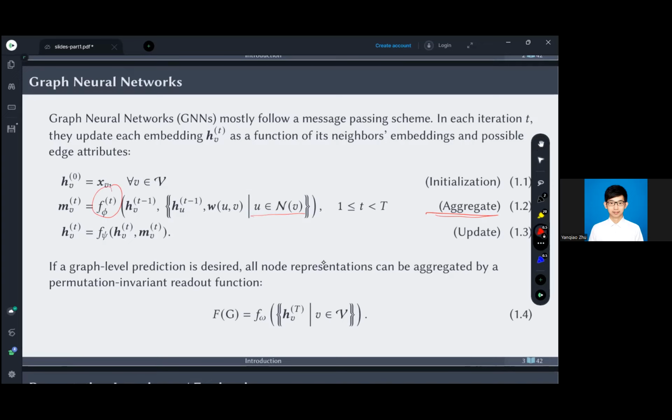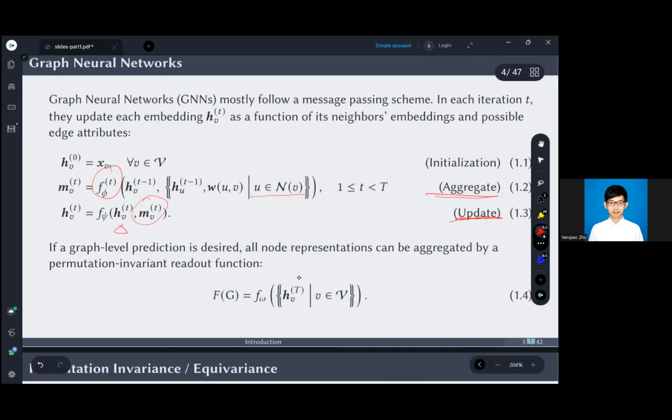After we get the message, we combine it with the node representation of itself. This is called the update function. Here we get the node level representation.